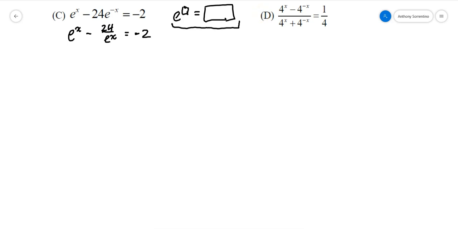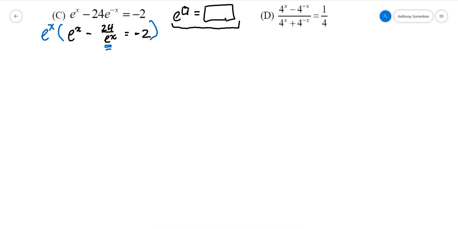And the first thing I'm going to do to the whole equation is multiply everything by e to the x. The reason being is I want to get rid of this denominator of e to the x. So here again we're starting to do operations on this equation, and I'm working under the assumption that everything here exists.